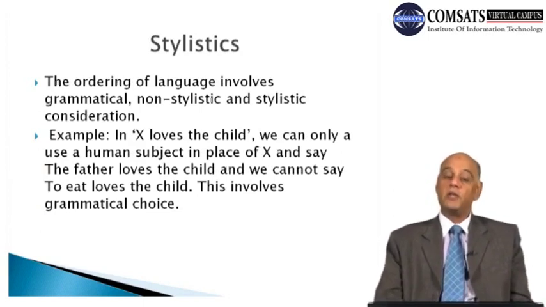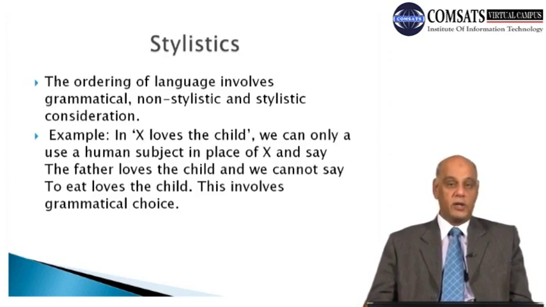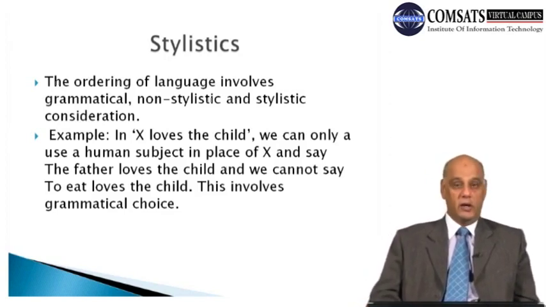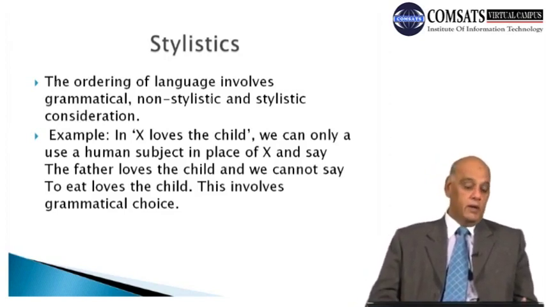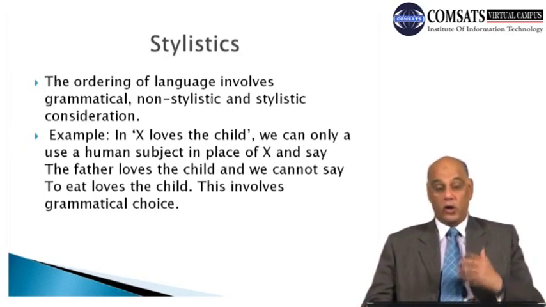The ordering of language involves grammatical, non-stylistic and stylistic considerations. A writer may have grammatical considerations, non-stylistic considerations, and stylistic considerations in order to arrange the language. A writer may have different ways, different techniques to order language depending on the thought of the writer.